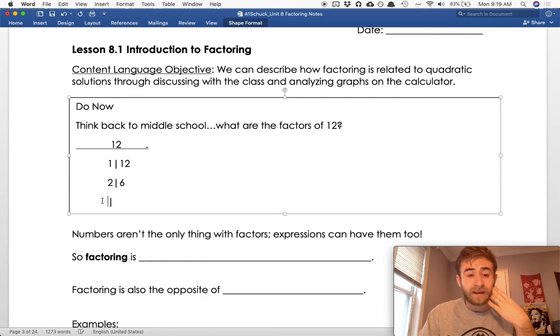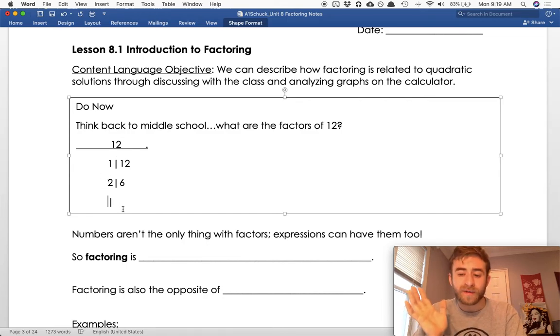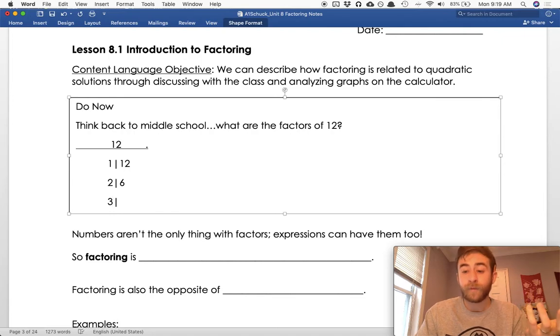And then finally, well, you don't necessarily know it's finally whenever you get to 3, but I do know because I know the factors of 12. I'll try 3, and 3 times 4 makes 12, so that's another set of factors.